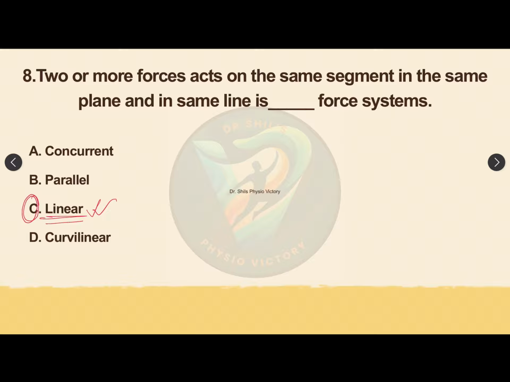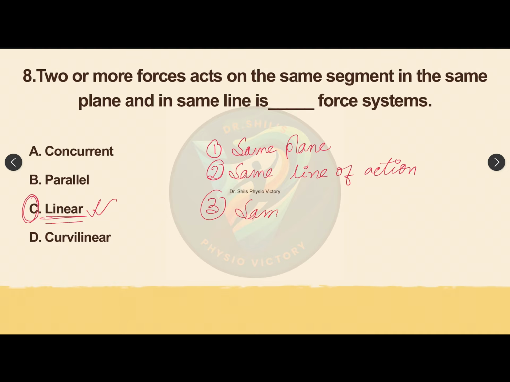The characteristics of linear force are: 1, same plane; 2, same line of action; and 3, same segment, like two people pulling a rope in the same direction. That is a linear force.